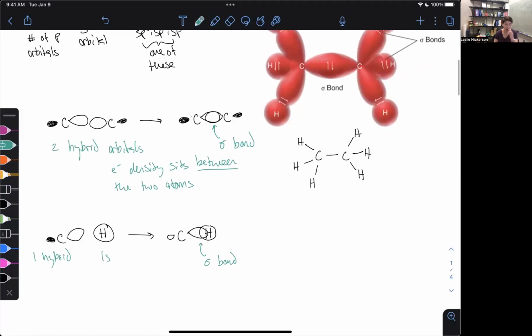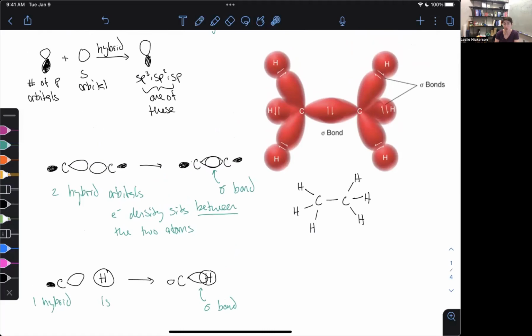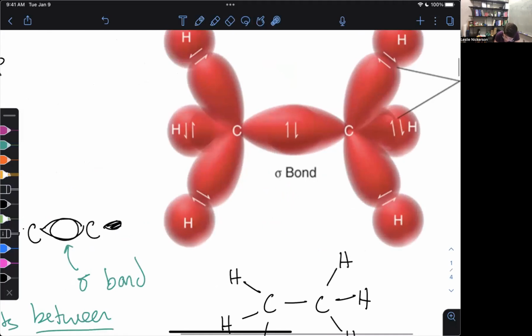Okay, so if we look at what that looks like in a simple molecule, this is a picture from your book, so feel free to look at this picture whenever you want. It's nicely explained. So this is ethane. We've got two carbons, they each have 3 hydrogens on them, and the 2 carbons are bonded together. If you look here, this in the middle is the overlap, showing your electron density holding these 2 carbon atoms together.